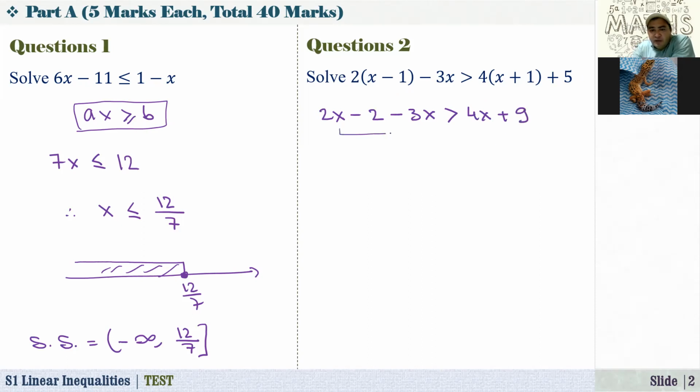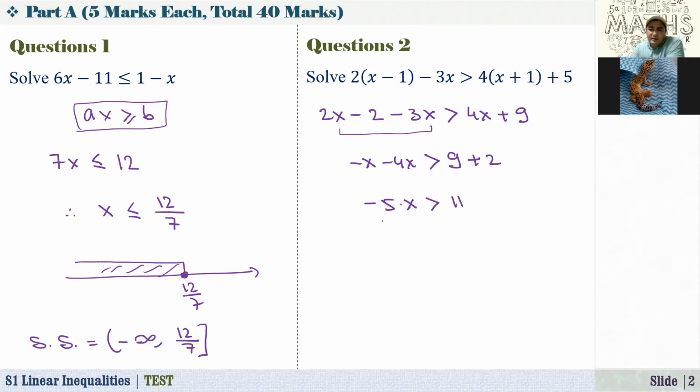So now 2x minus 3x is negative x. Take 4x to the left hand side. Here we have minus x minus 4x is greater than 9, right? Negative 2, take to the right hand side. Here we have negative x minus 4x, that is minus 5 times x, greater than 11.